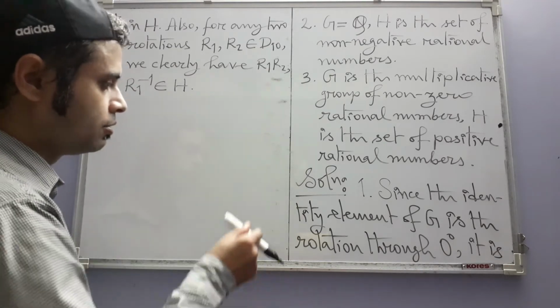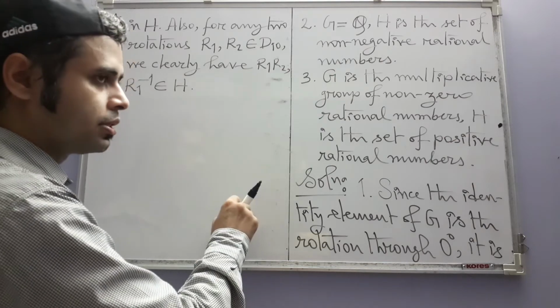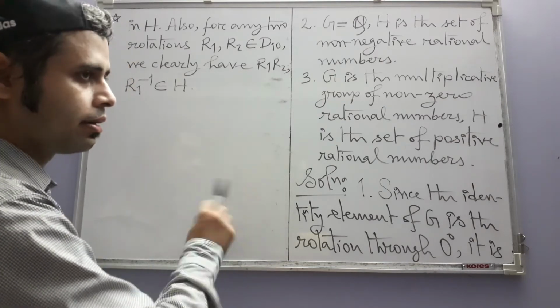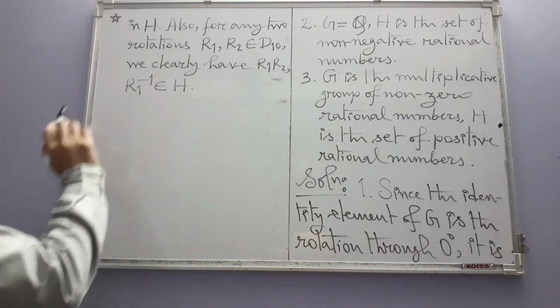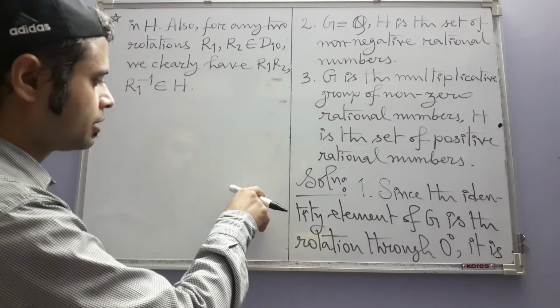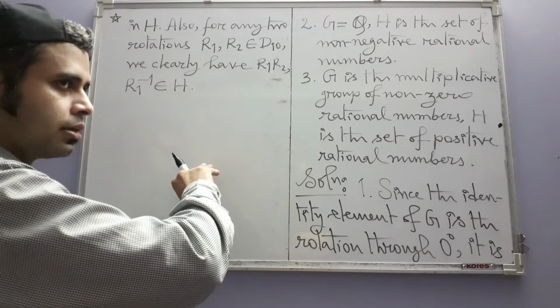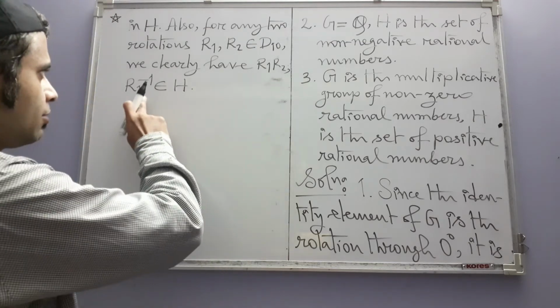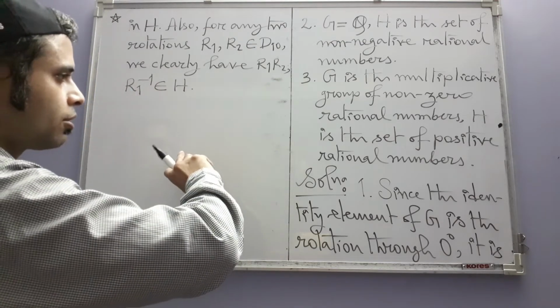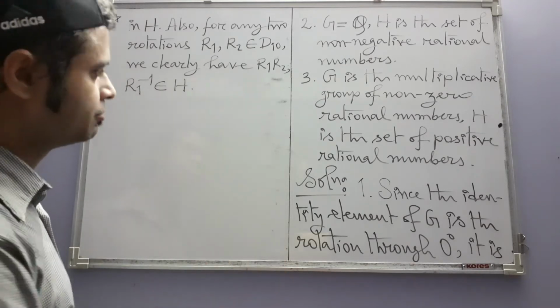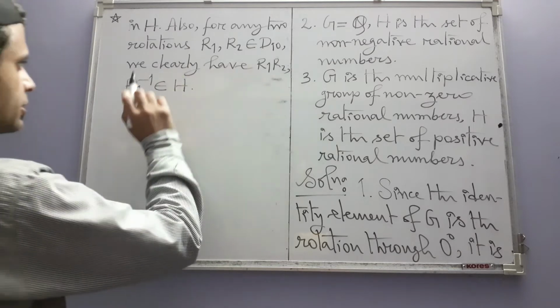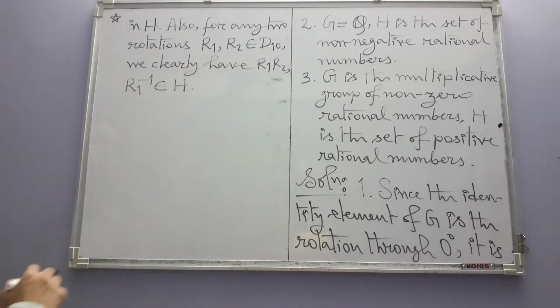R1, R2 is the combined rotation through the sum of those two angles. And if R1 is a rotation in the anti-clockwise direction through some angle, then R1 inverse is the clockwise rotation through that same angle, the absolute value of that same angle. So both these things are rotations, so they belong to H.